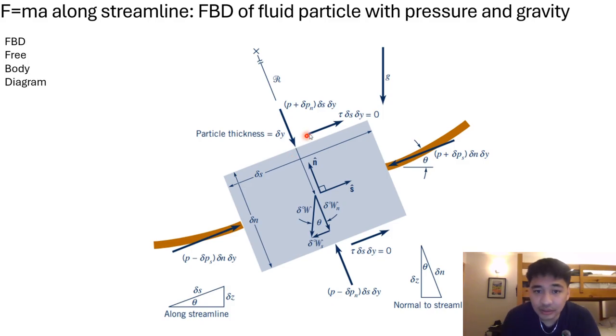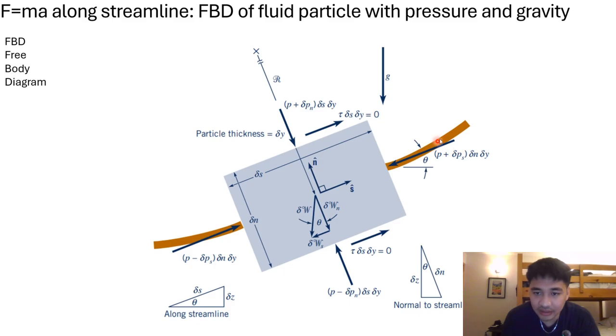If you do your dimensional analysis and multiply these in here, that's just going to give you a force. Then going up the n direction, you have your pressure minus your change in pressure in n, times your change in s and change in y. And shear stress is still 0 here.